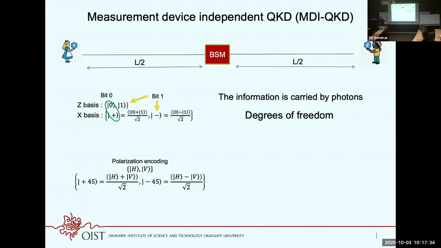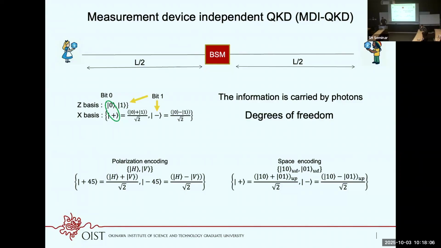There are many different types of encoding. You can use phase encoding, time-bin encoding. I think you guys are already experts on that. Another way you can do it is so-called space encoding. If you have, let's say, 2 spatial modes, you can consider H as 1, 0, where 1 means, for example, 1 photon in the upper mode and 0 photons in the lower mode, or V as 0, 1.